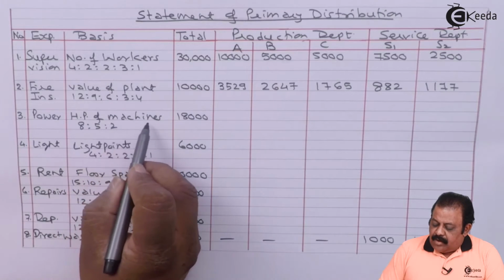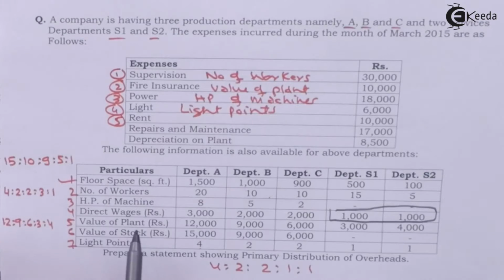Power based on horsepower of machines is given only in case of production departments. It will not be applicable to service departments.